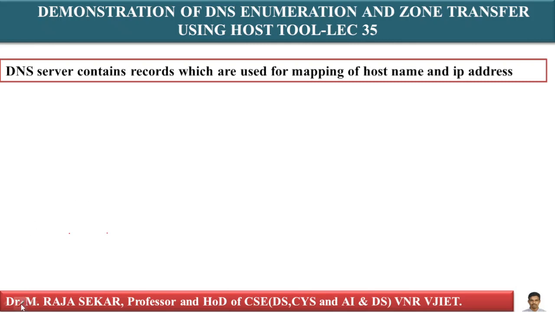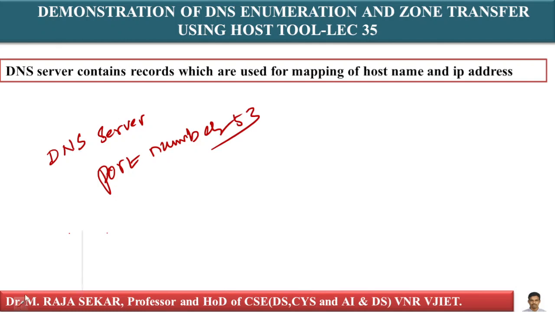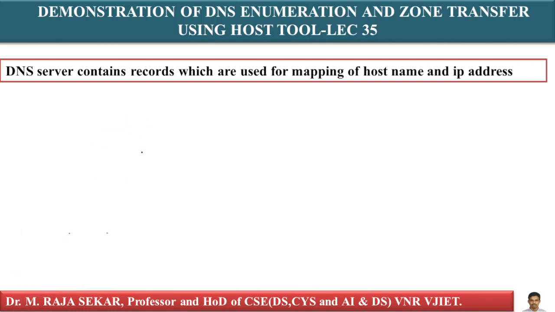This point is important, so let me repeat. The system which is used for DNS server generally uses which port number? Port number 53, isn't it? Anyway, we will try to understand.